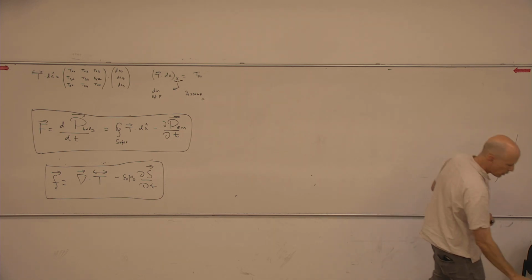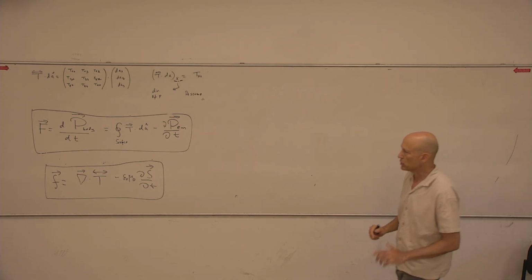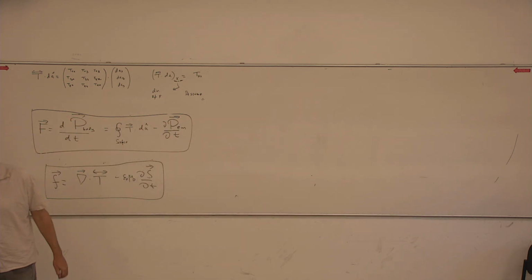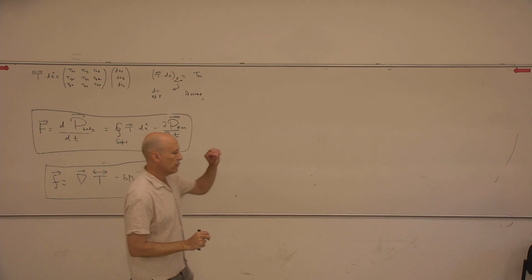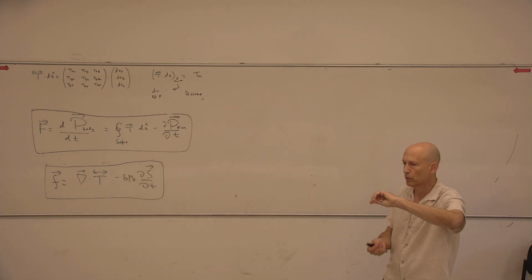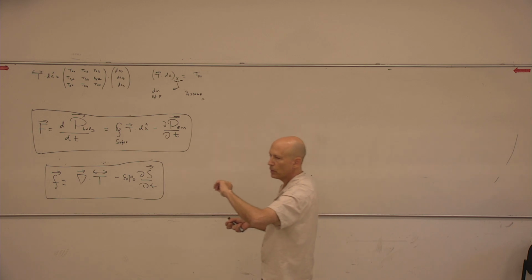So the simplest problem I can imagine is from electrostatics. This is what you learn in high school. You have one charge and another charge, and you know the Coulomb force between the charges. So you know the answer.